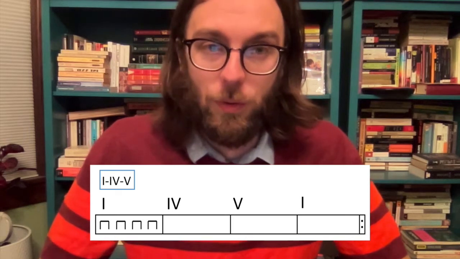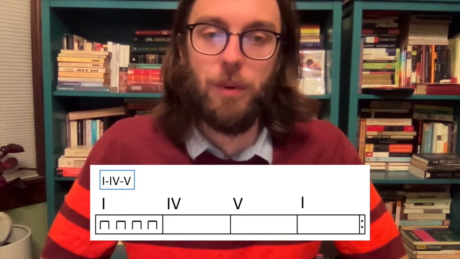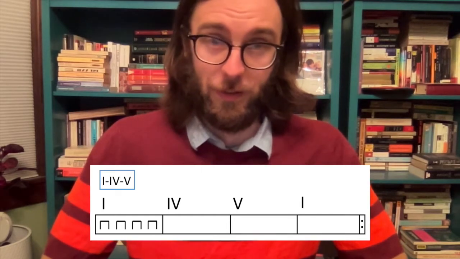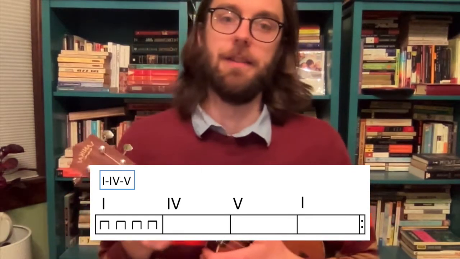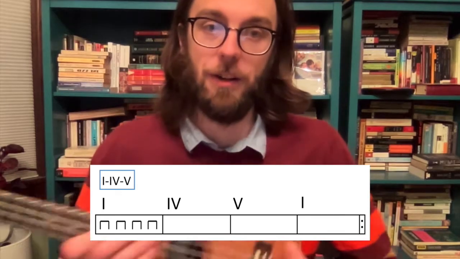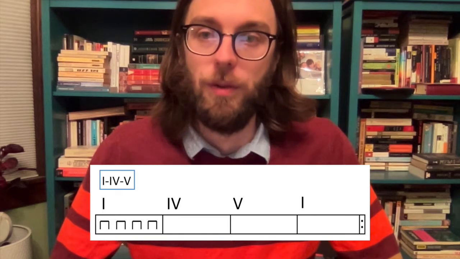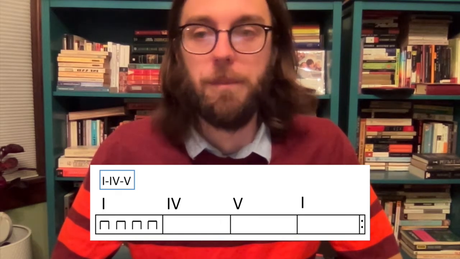Not just in blues, but pretty much every genre of music uses these chords, and has songs using entirely just these chords. And it's just going through the 1, 4, and 5.